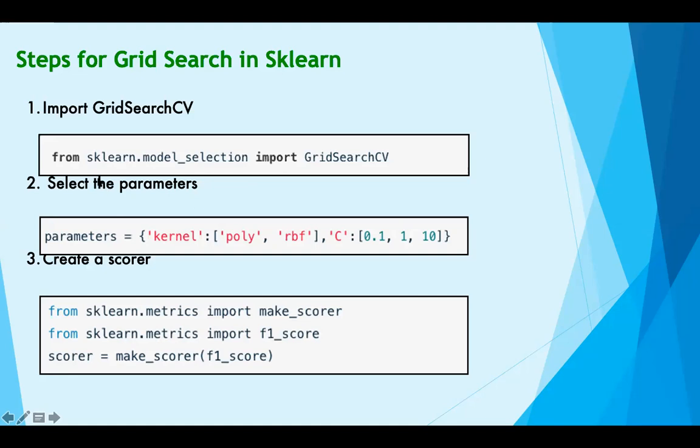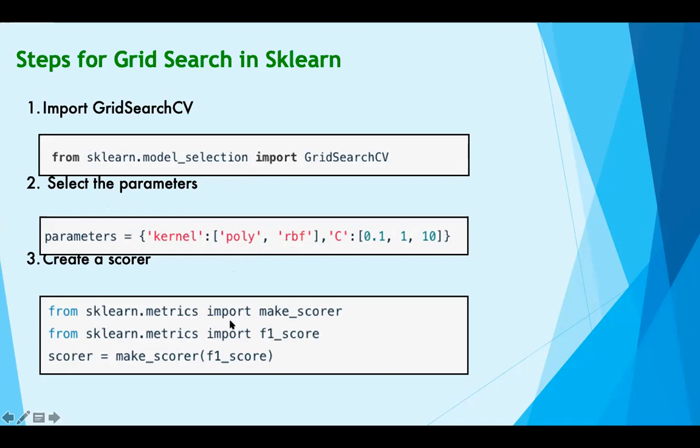Let's see the steps. Here we will import GridSearchCV from the sklearn module, and then we will form a dictionary of all the parameters from which we want to choose. In this dictionary, the keys are the names of the parameters, and the values will be the list of possible values of each parameter.